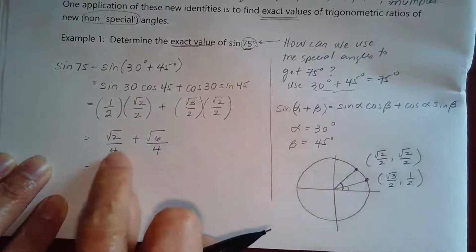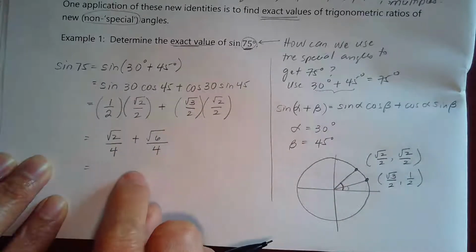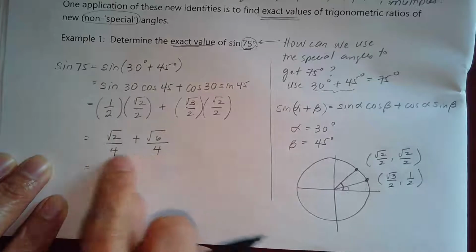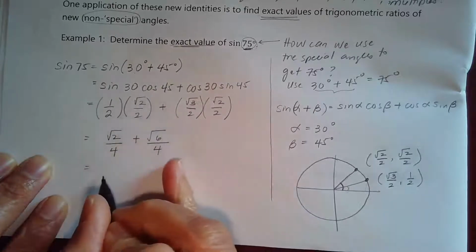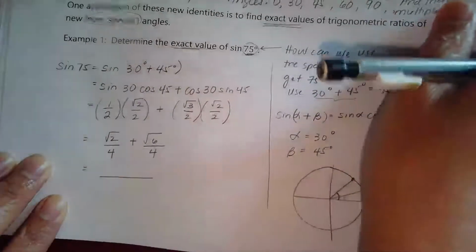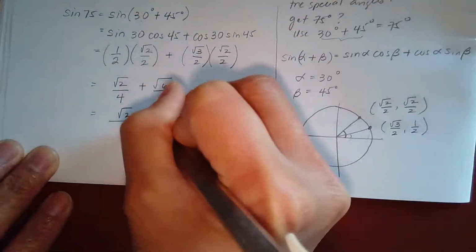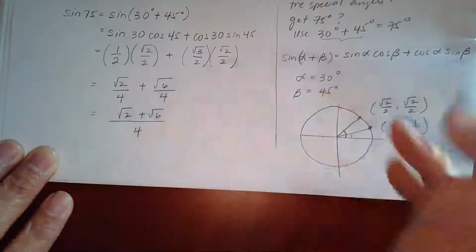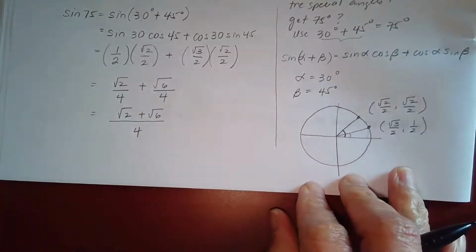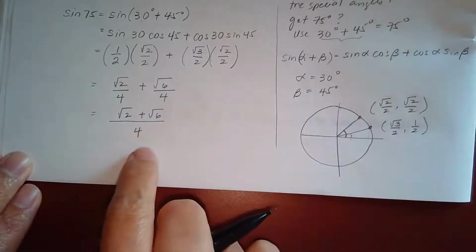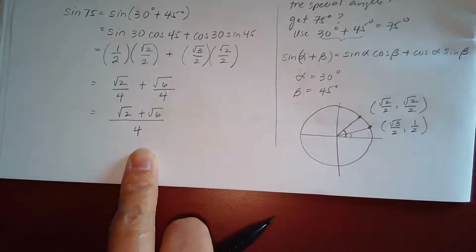We can combine these two fractions since they have the same denominator: root 2 plus root 6 over 4. And that's the answer.